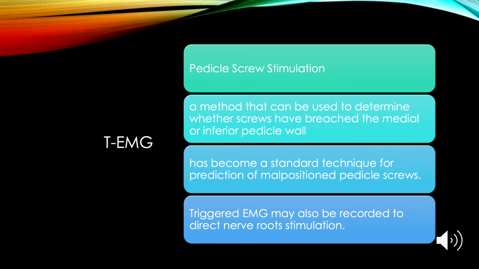So TEMG is a method that can be used to determine whether screws have breached the medial or inferior pedicle wall and therefore pose a risk to the exiting nerve root at that level. So when a pedicle screw is accurately placed, the surrounding bone acts as an insulator to electrical conduction, and a higher amount of electrical current is then required to stimulate the surrounding nerve root.